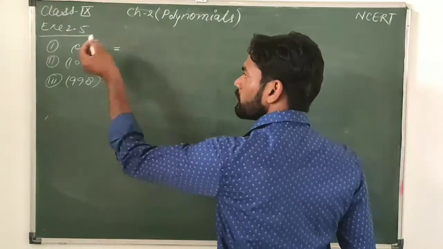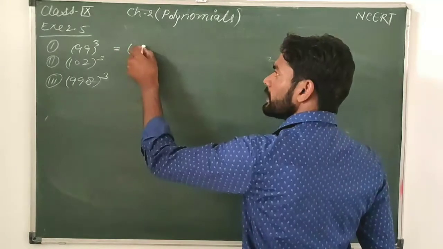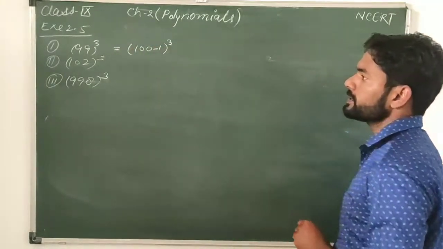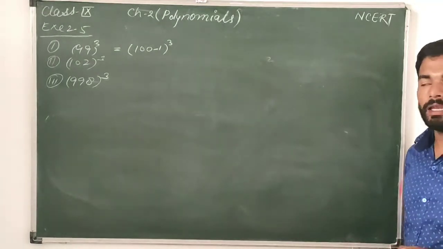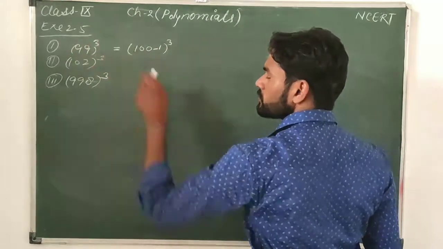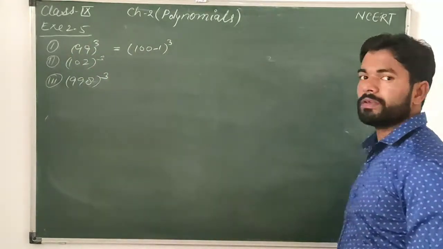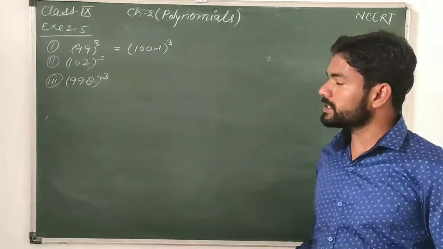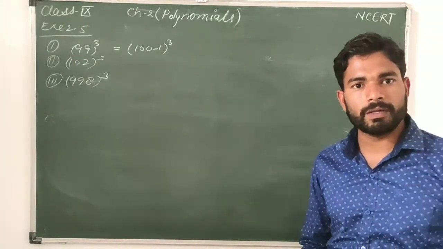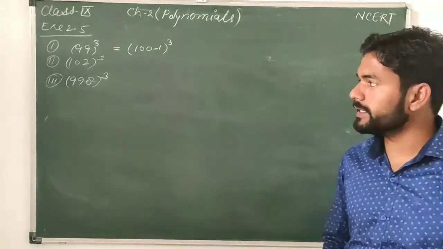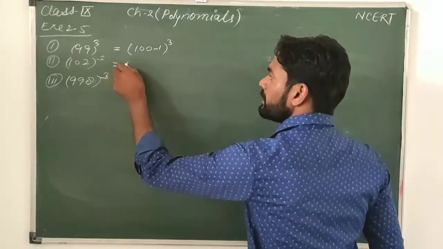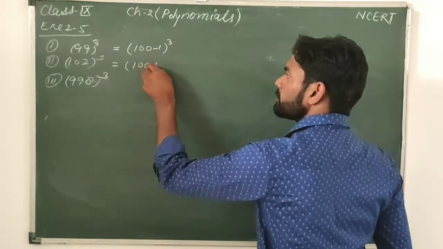Let me explain a little. It can be written in this formation because 99 is equal to 100 minus 1. Why are we using this method? Because in this question it is given that do not solve directly, you have to use the algebraic identities. So that's why I am doing like this.